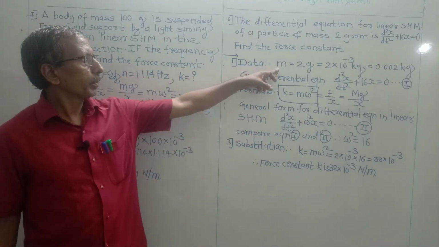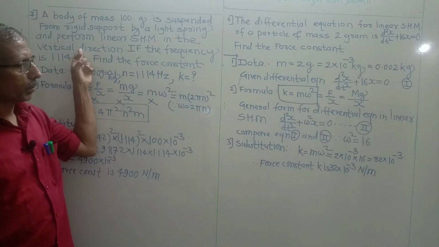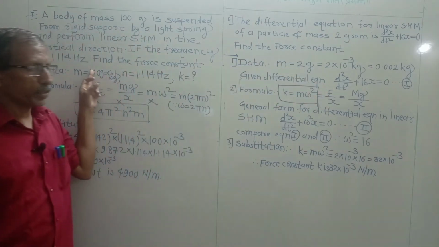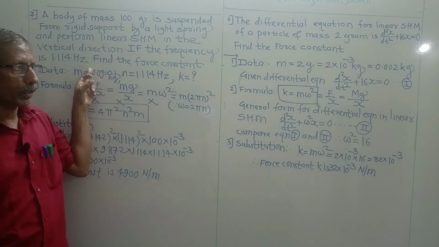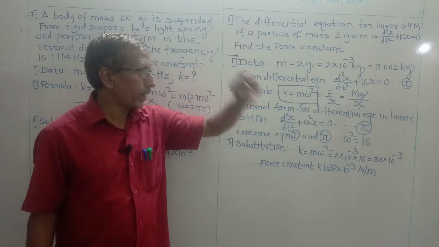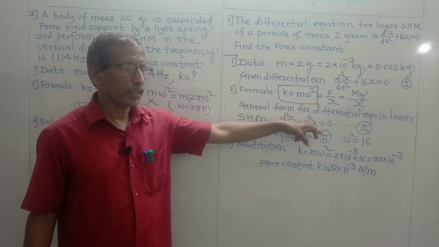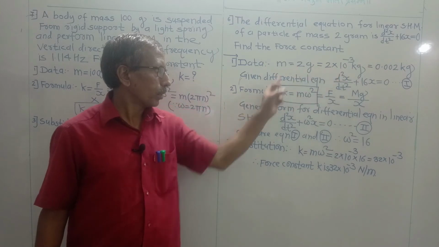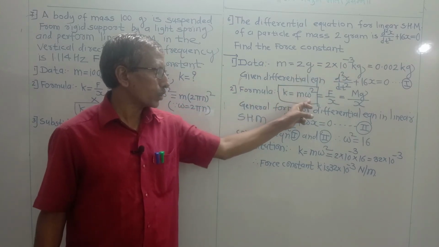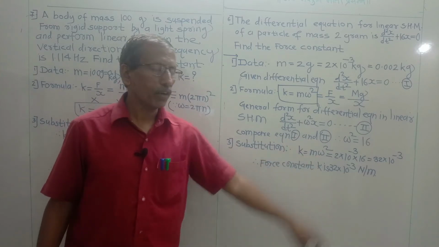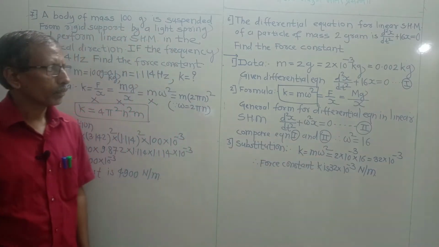M is given. Here a differential equation is given, here a differential equation is not given, frequency is given. If the differential equation is given, then write down the general equation, find the value of omega square. So K is equal to m omega square, put the value of m and omega square, find the value of force constant.